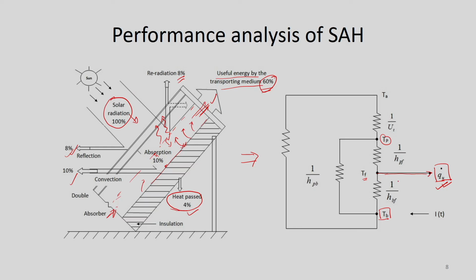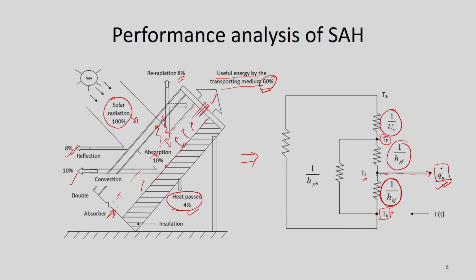So, there will be heat exchange between this plate and this fluid, and from the absorber plate to this fluid. So, this is from the back plate to the fluid, and this is from the absorber plate to the fluid. Okay? So, this is one kind of thermal resistance. Okay? And top loss will be there.